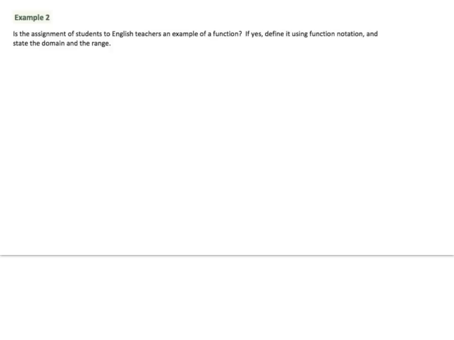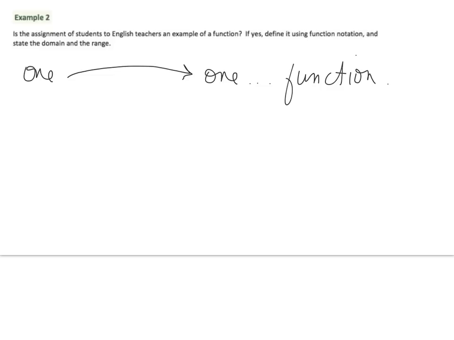In the assignment of students to English teachers, is the assignment of students to English teachers an example of a function? If yes, define it using function notation. What I want to remind you here is I always have 1 matched to 1. That is a function. Just like in our previous example, each animal name had one animal picture.